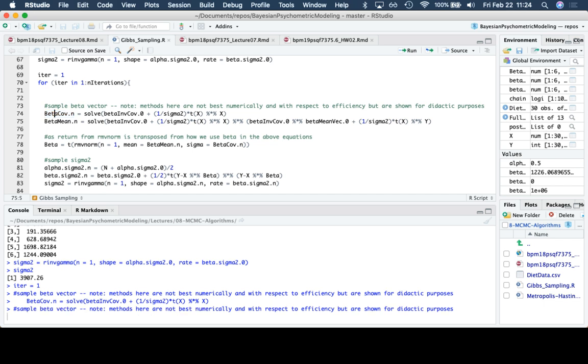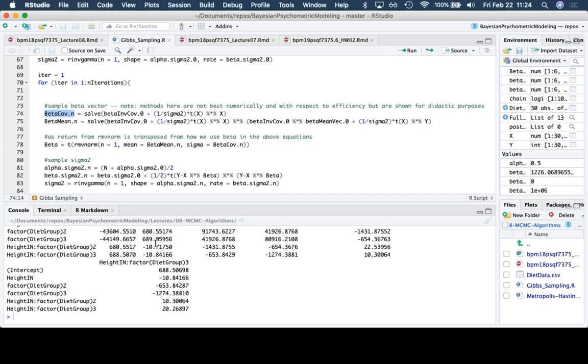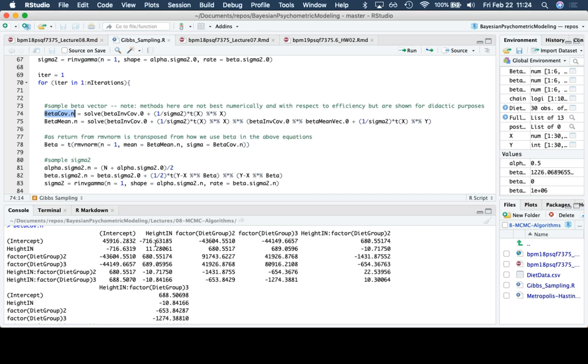So this term right here is the value of the covariance matrix at this step in the chain that we're going to use to sample our betas from. Okay? What's the mean vector? This term is the covariance matrix from above, but I just put it there again.